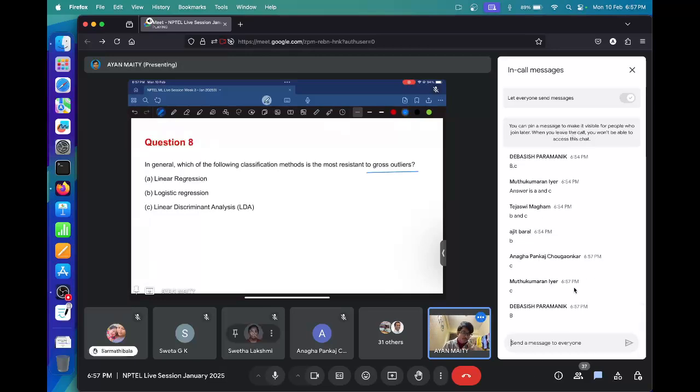Anagha says option C. Muthukumaran says option C. Devashish says option B. Kalpana says option C.